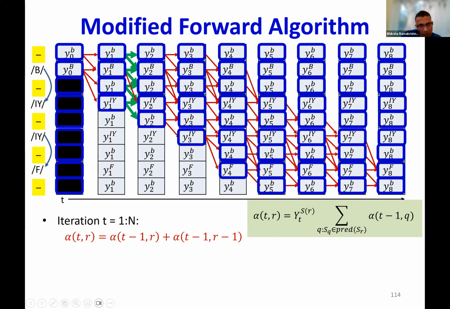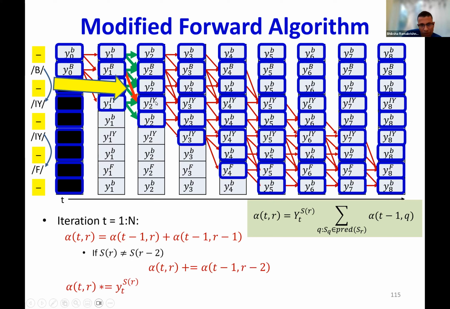So for example, for this node here, you would be adding the alpha of this node and the blank immediately above it. And then if this symbol is not the same as the symbol two rows above, then you're also going to be adding the alpha for that row.